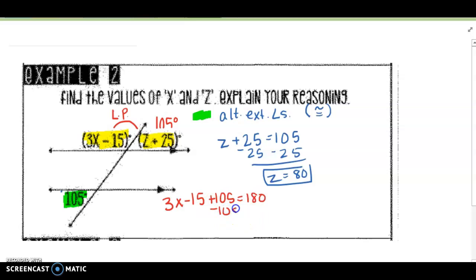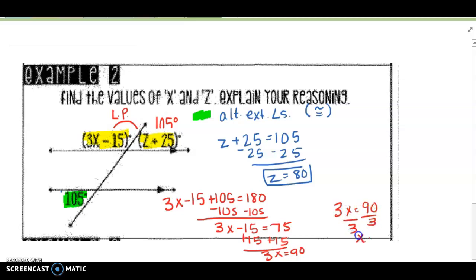Okay, so minus 105. 3x minus 15 equals 75, plus 15. I get 3x equals 90. If I divide both sides by 3, I get x has to equal 30. So there's our 2 variables.